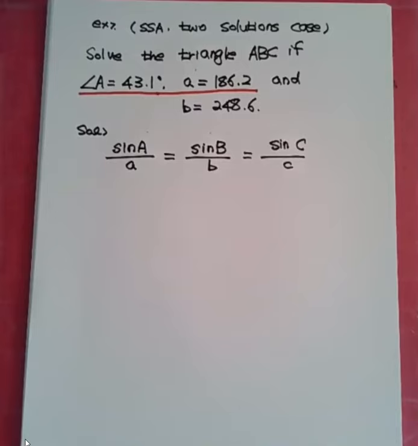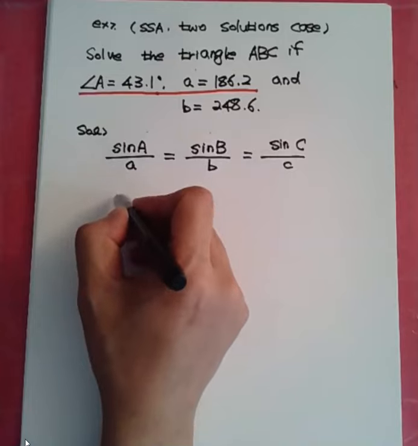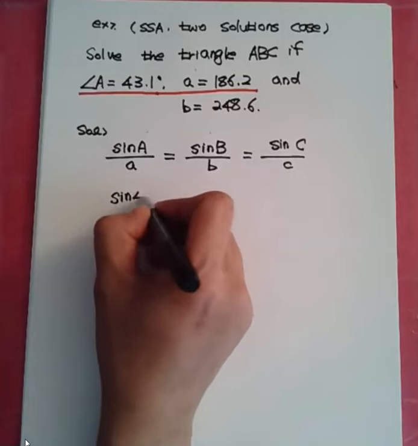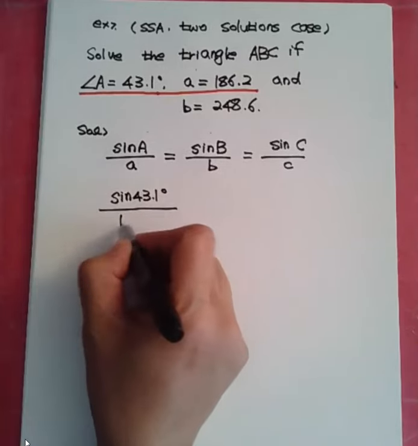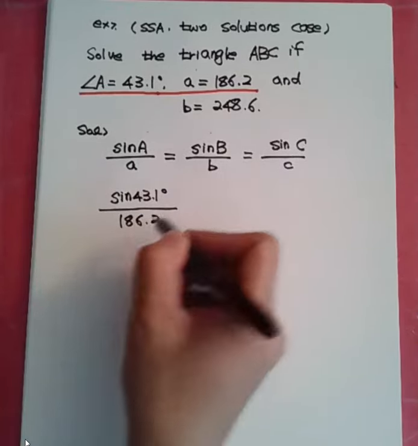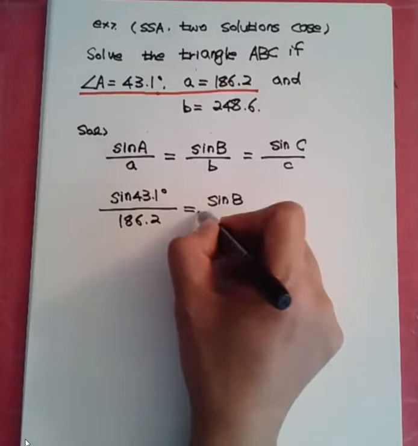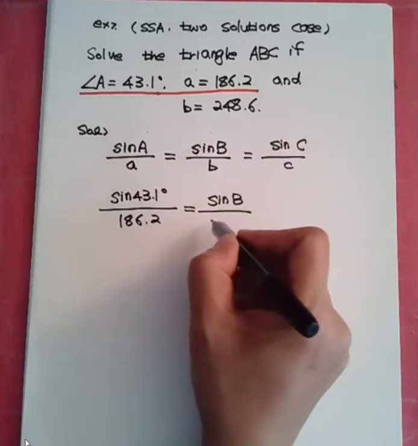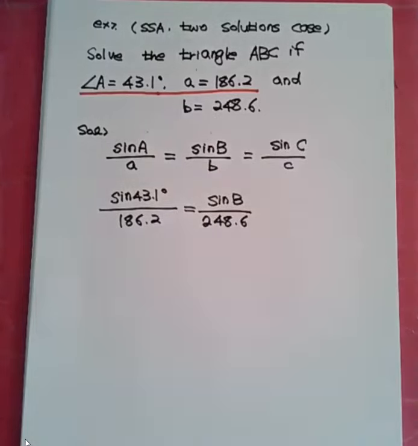That's the reason we are using the law of sines. So sine of 43.1 degrees over 186.2 equals sine of B over the side length b, 248.6.